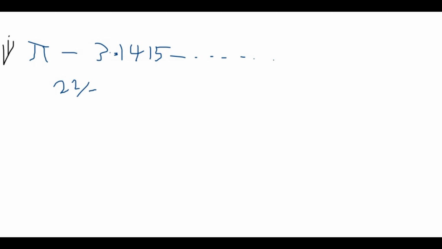I just want you to take note that 22 over 7 is the approximated form of pi. This means that pi on its own is not exactly 22 over 7, but 22 over 7 is the estimated version.